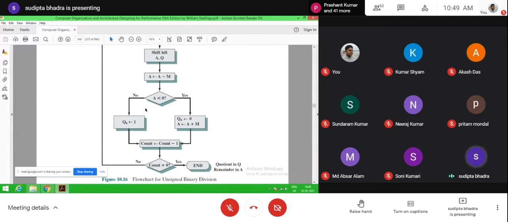If it is divisible, then we set the quotient bit to 1. If it is not divisible, then we set the quotient bit to 0 and we restore the value of A to the previous value by adding m. This is the working principle of the standard division algorithm.